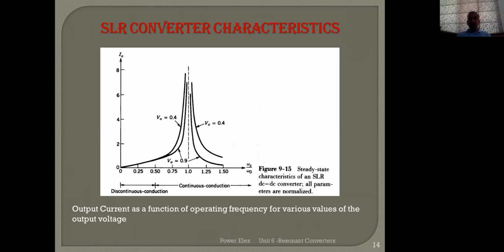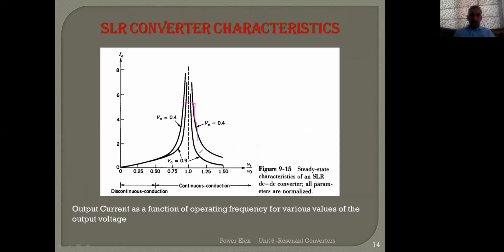And this is what normalized steady state analysis is for any SLR resonant converter. So this tells us how to select a resonance frequency, means in effect how to select a value of L and R. It depends on your load characteristics and your switching frequency to determine the value of L and R, and see that your circuit will operate in this range.